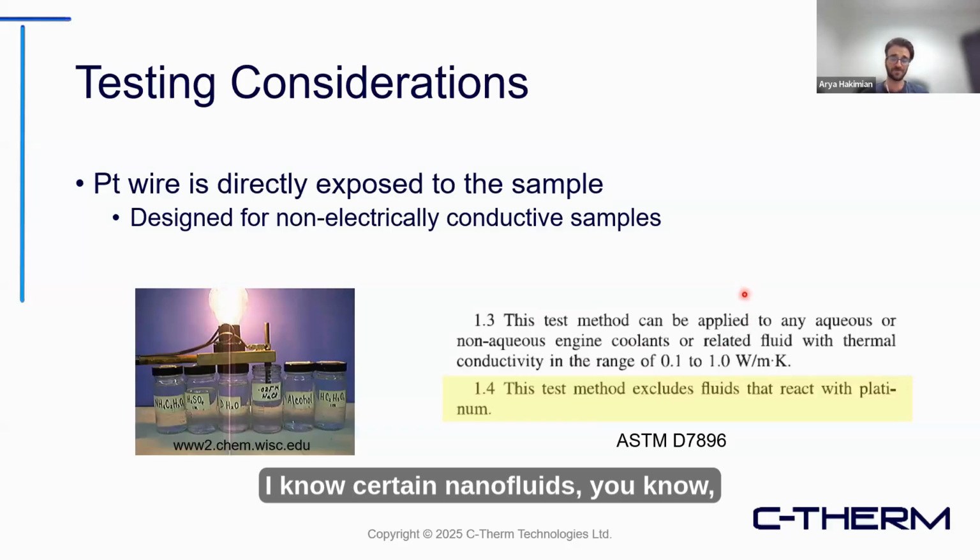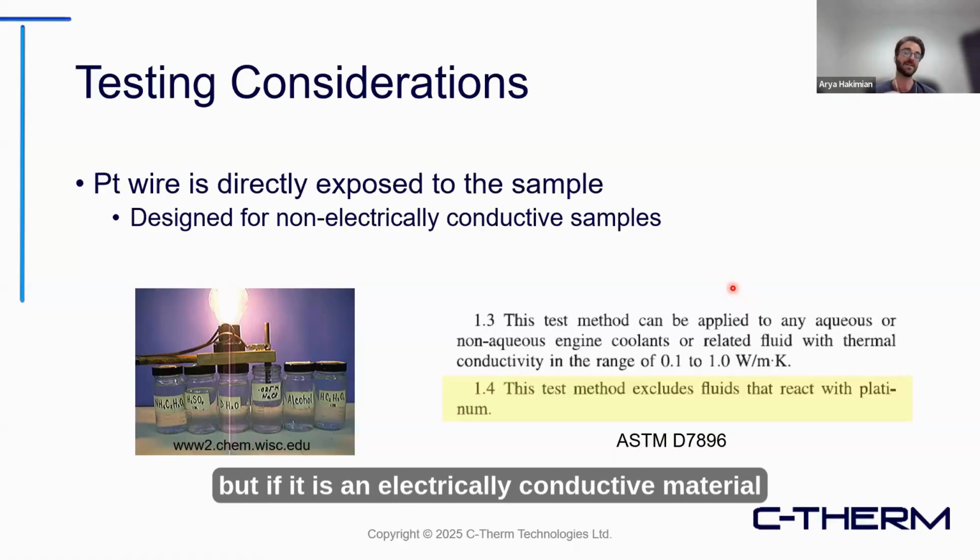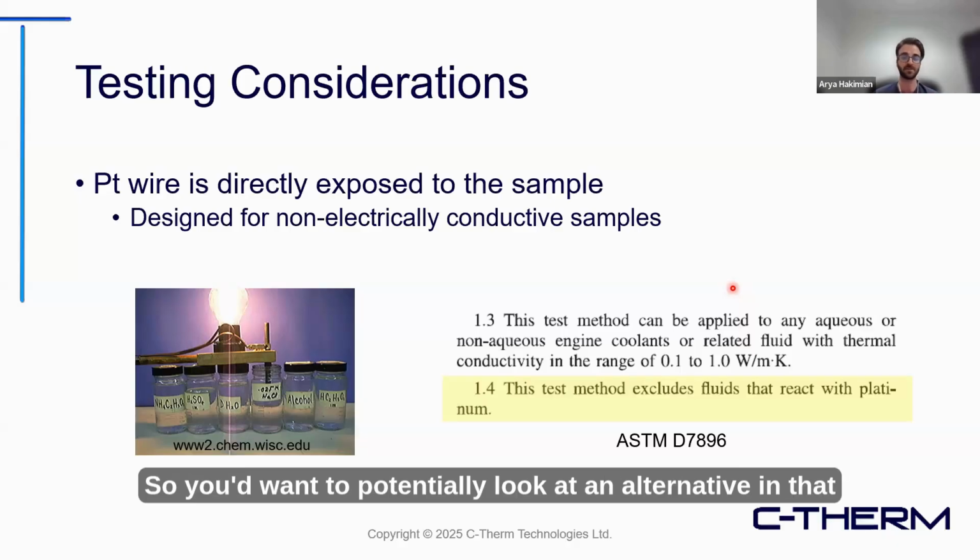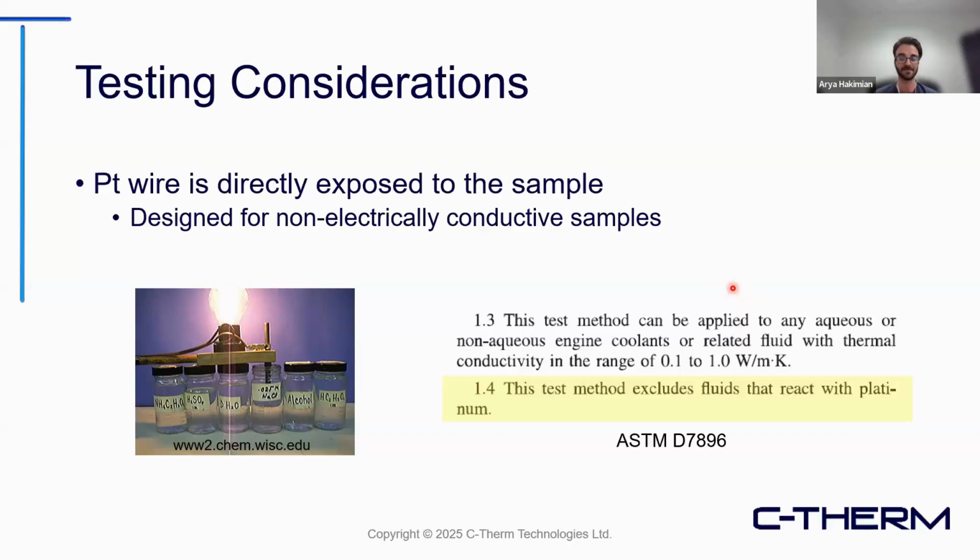I know certain nanofluids, depending on what you're working on, may have electrical conduction within the system. This isn't something that we strictly measure, but if it is an electrically conductive material, that can result in some bias. So you'd want to potentially look at an alternative method in that case.